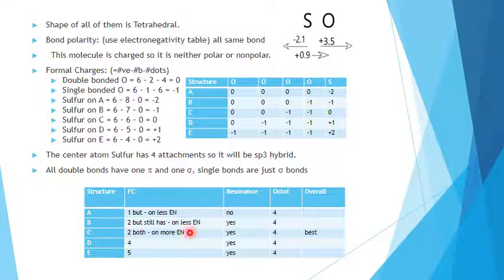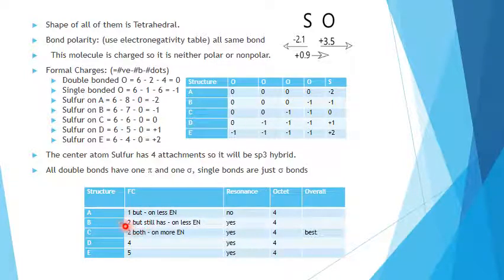So what we want to do is decide which one of the structures is the best. So we look at formal charge, resonance, and octet, and then try to figure out which one's the best off of this information. As far as formal charge goes, you want to have a structure that doesn't have a lot of formal charges.